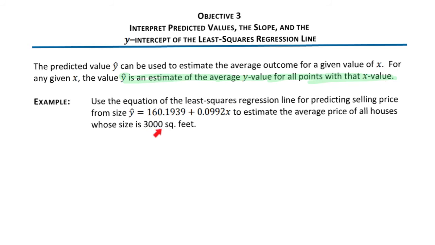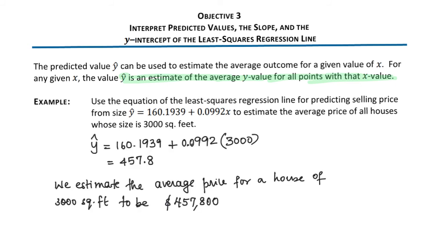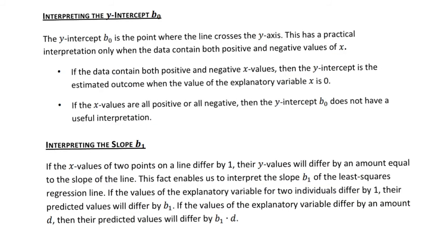So we can actually substitute this x value here and calculate y hat. That will be the average price of all the houses whose size is 3000 square feet. We estimate the average price for a house of 3000 square feet to be $457,800.